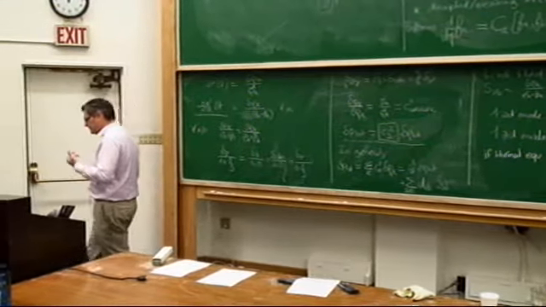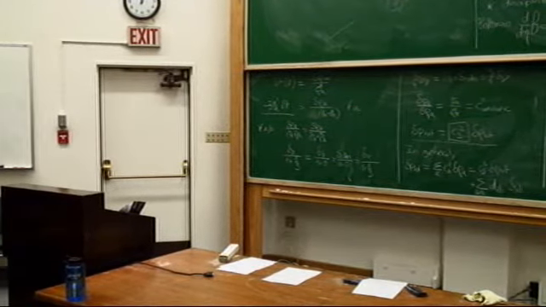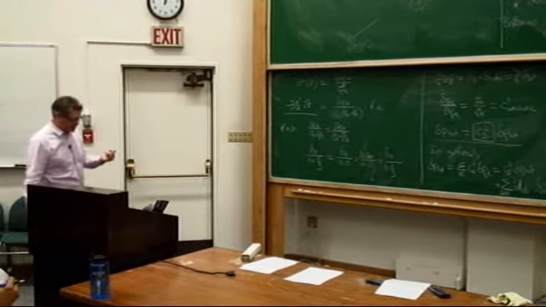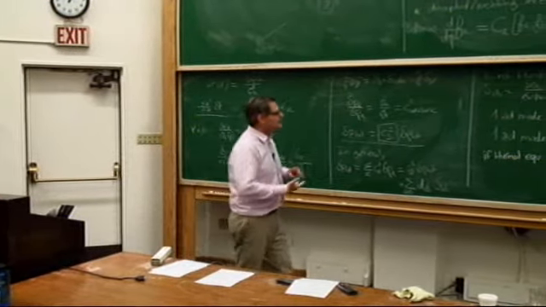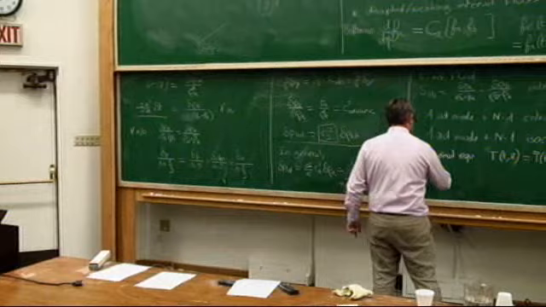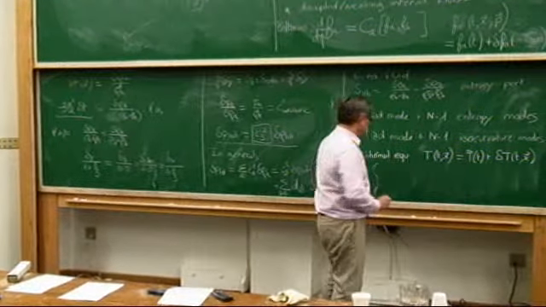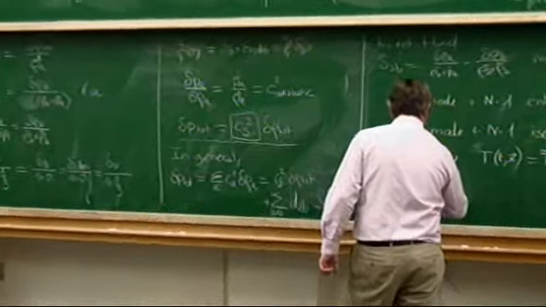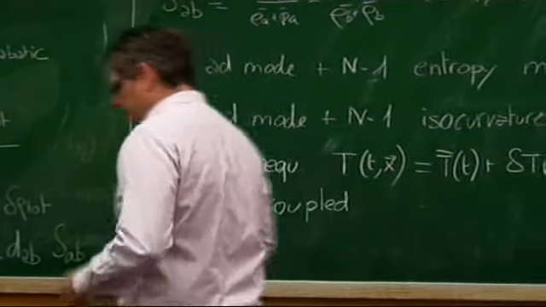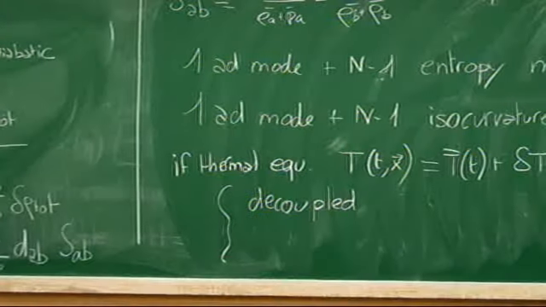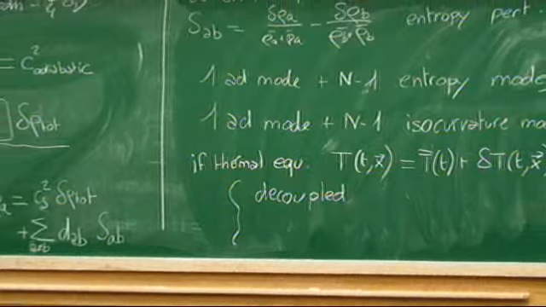So if you want to have detectable entropy modes today, you need several conditions. First, you need these several degrees of freedom. Then you need to assume that the species carrying these entropy modes are forever decoupled throughout the evolution of the universe. If cold dark matter carries entropy perturbation and never couples, then they will be preserved.